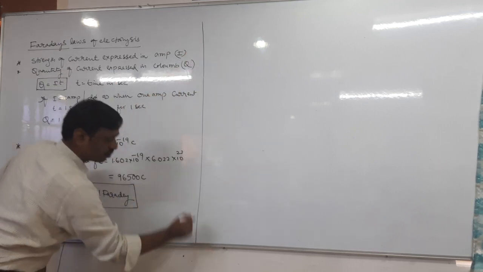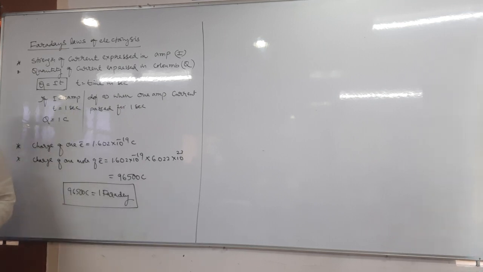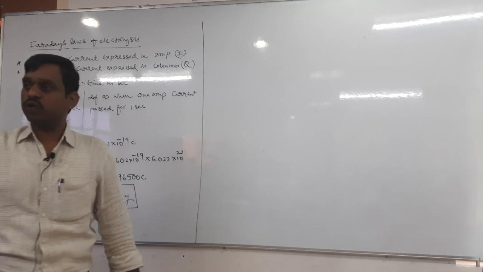Now we understood the meaning of 1 Faraday: the charge of 1 mole of electron, that is 96,500 coulomb.